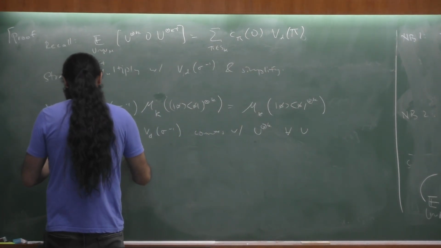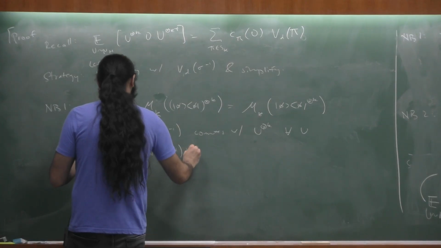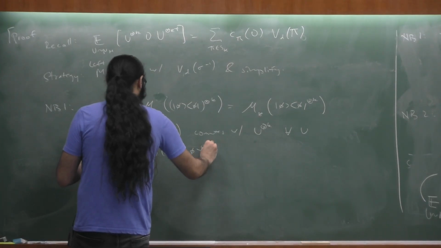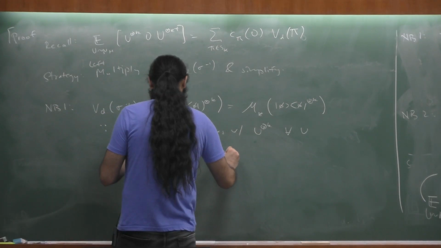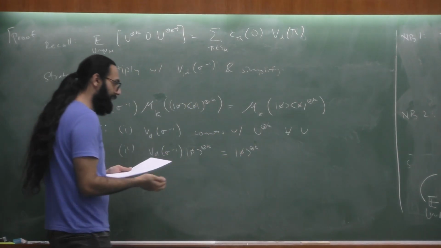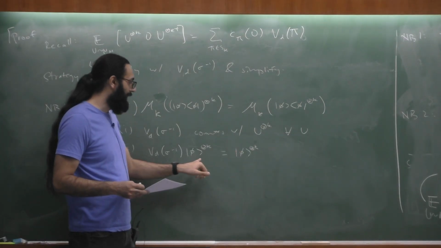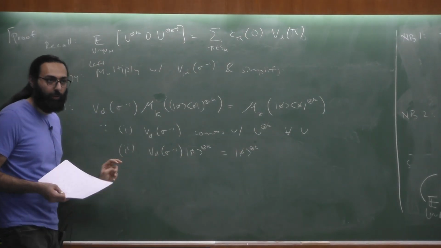And second is that V_d acting on sigma inverse phi tensor k is also going to be the same as phi tensor k, right? Essentially the same idea. Instead of an operator, you have a state. As long as they're identical, permutations are not going to make any difference.